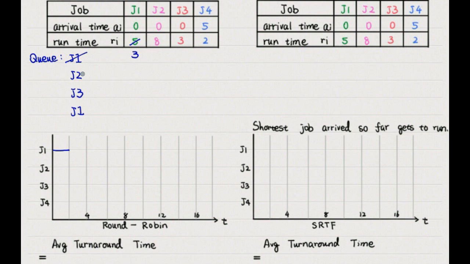The head of queue is J2, so we run J2 for 2 seconds, and the runtime of J2 becomes 6. And we insert J2 to the back of the queue. The head of the arrival queue is J3. We run J3 for 2 seconds, and the runtime of J3 becomes 1.